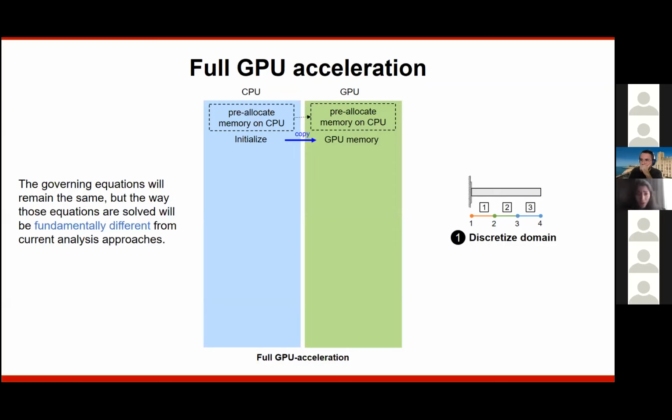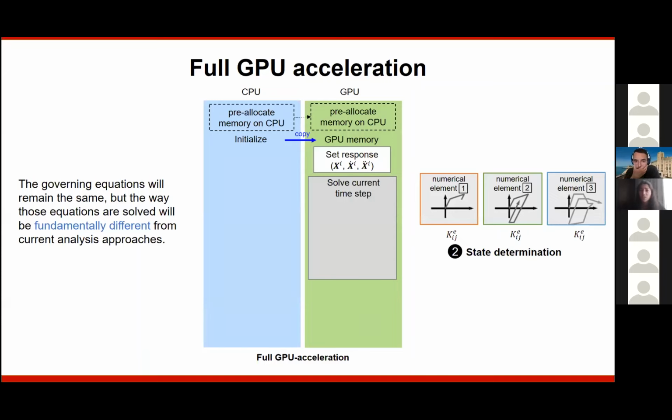And really this would be before our finite element analysis really starts. There have been a number of studies that have looked at doing the mesh on the GPUs, but for a lot of our problems, we're really more interested in performing the analysis part on the GPUs. So you can imagine building the domain on the CPU and then loading that onto the GPU memory. So that's step one, very CPU driven.